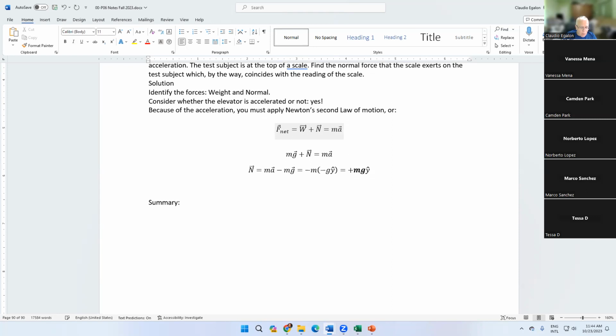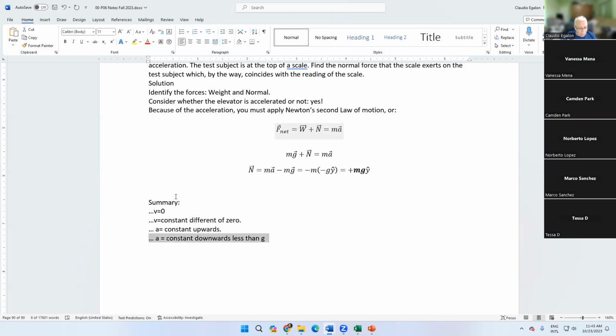The summary: v equal to 0, then v equal to a constant different from 0, then a upwards constant, then a constant downwards less than g, and then we're going to do another one.